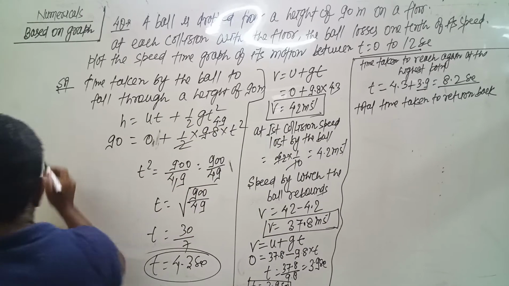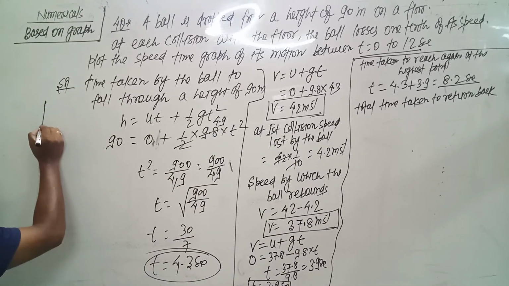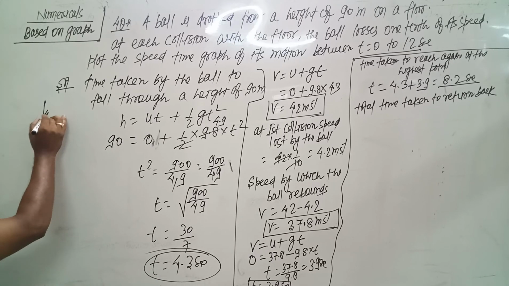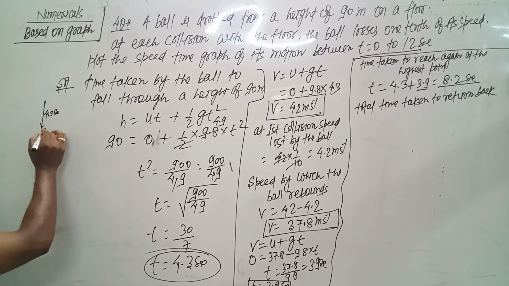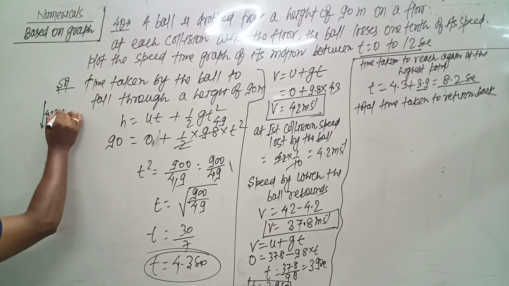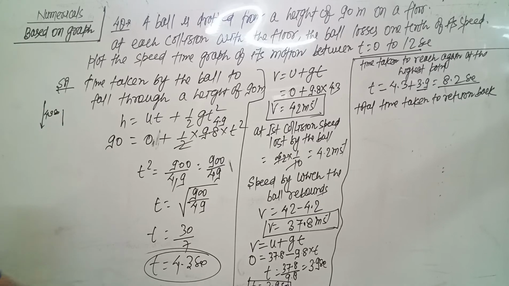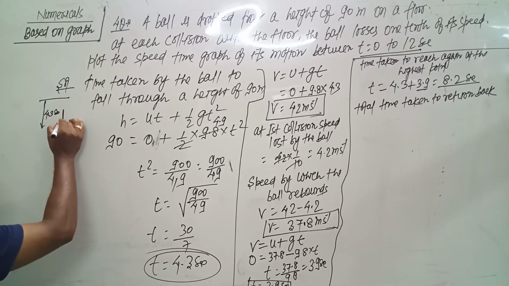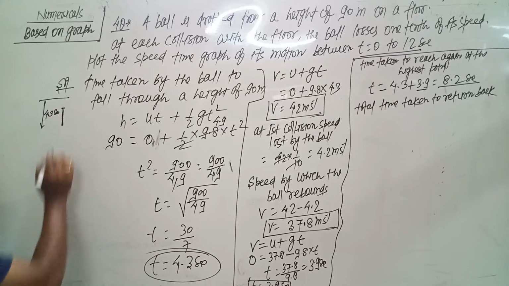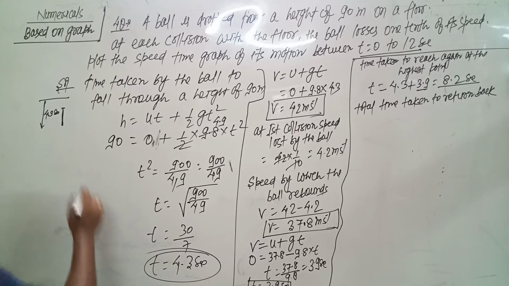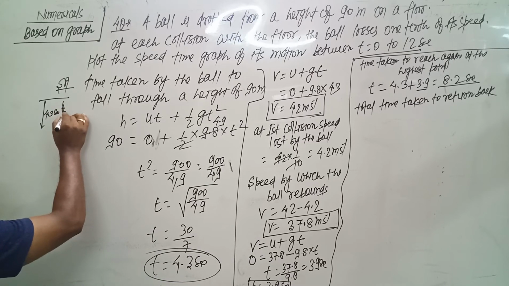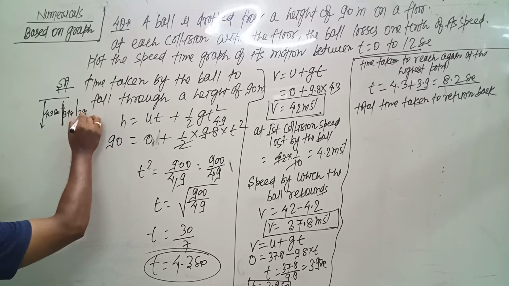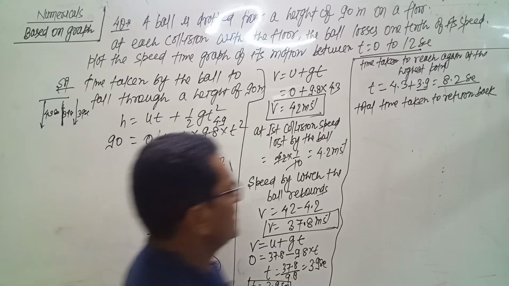Firstly, the ball has been dropped from a height of 90 meters, and the time taken is 4.3 seconds. Then it loses 1/10 of its speed, and the time taken to go to the highest point is 3.9 seconds, and it will return in the same time, 3.9 seconds.